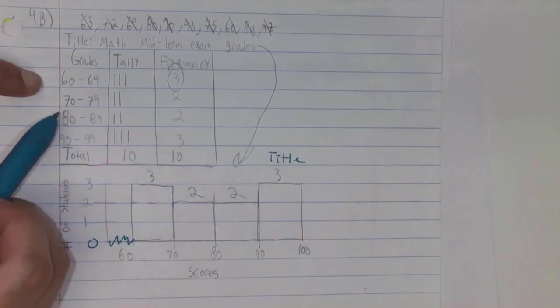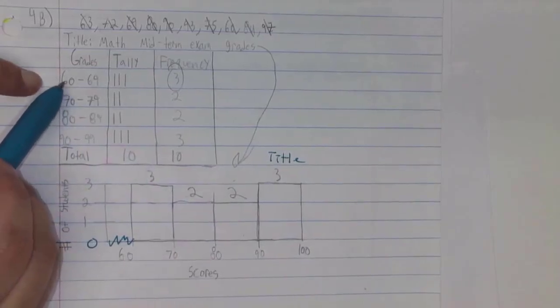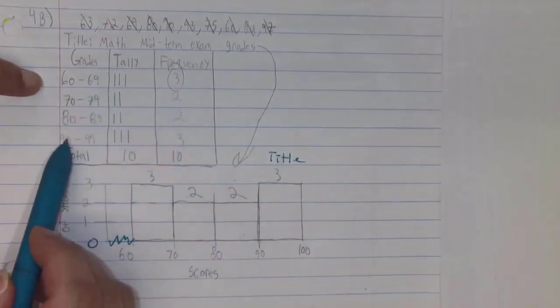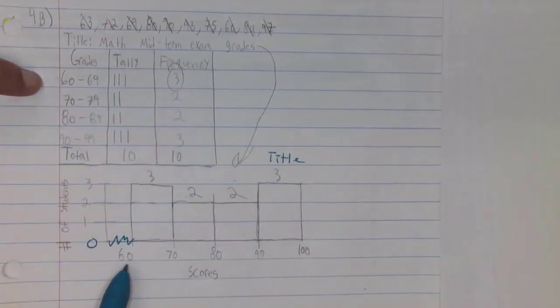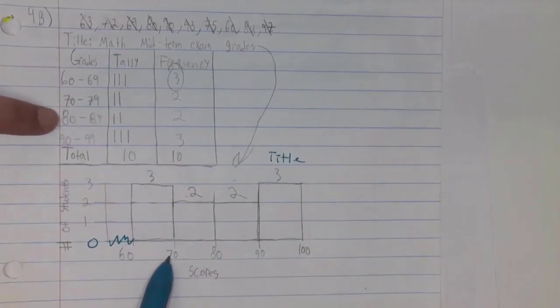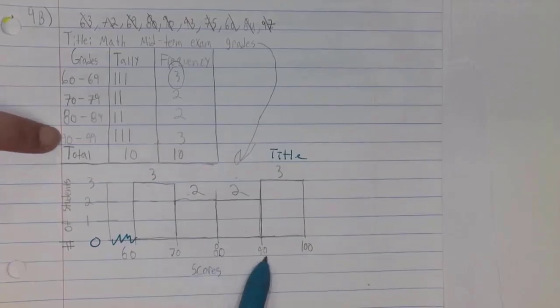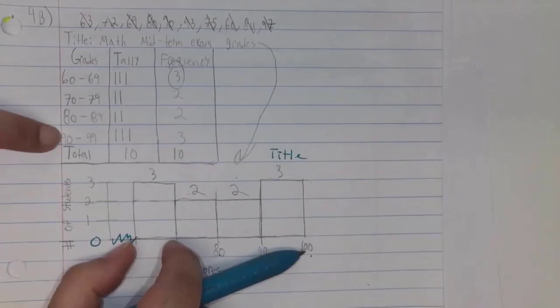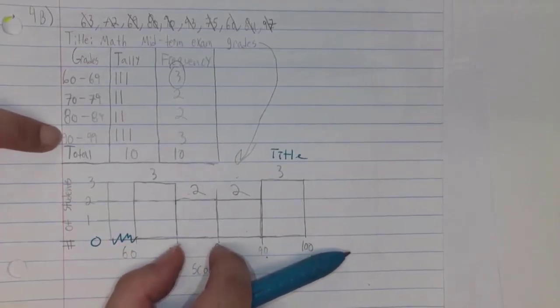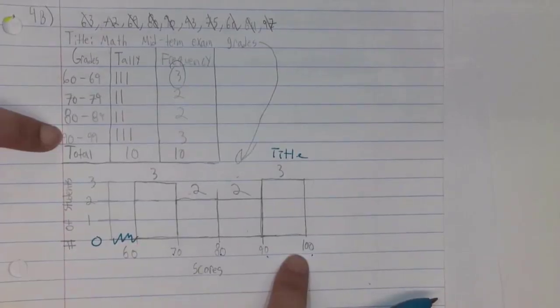One of the tricks I use is like your grades: this is D, this is C, this is B, this is A. So you can use this first number 60, go to 70. This number is 80, go to 90. Naturally, the next one will be 100. So this bar represents 60 to 69, 70 to 79, etc. That's how you build a histogram.